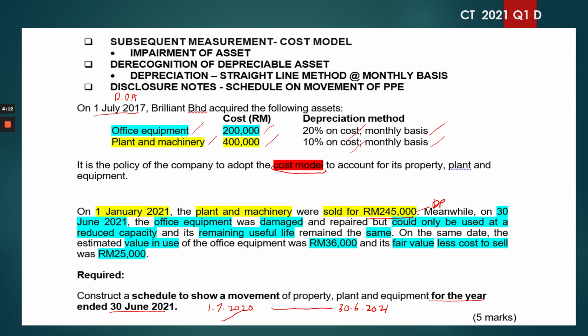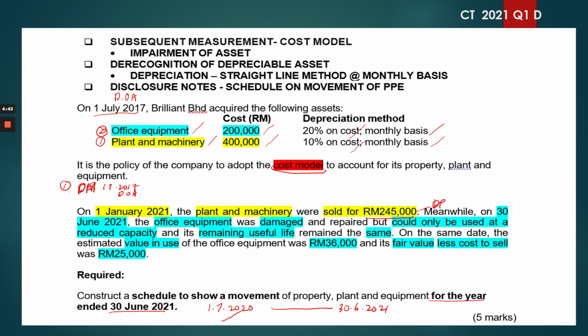plant and machinery. So we can start drawing some timeline diagram before we construct the schedule, so that we have a clear picture of what actually happened. So if you can see here, on 1st of July 2017, this is the date of acquisition, and remember we are doing this for the plant and machinery, PM, and this is the first asset, and this is the second, so number 1.